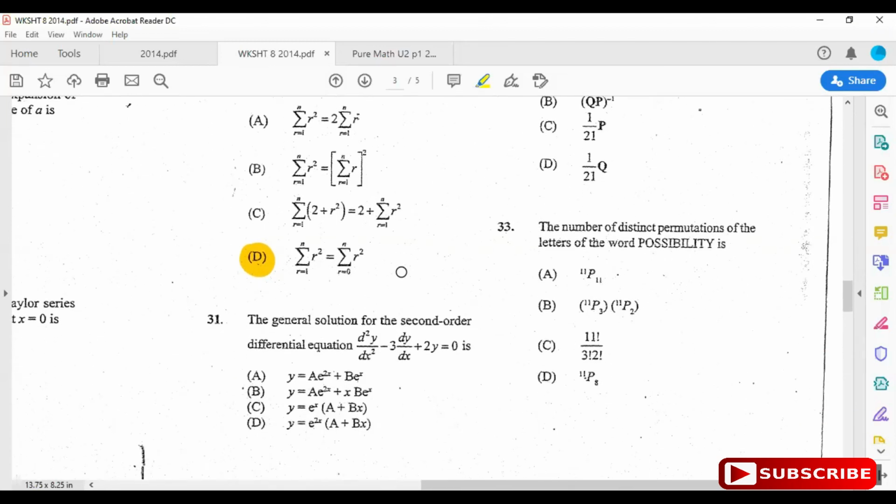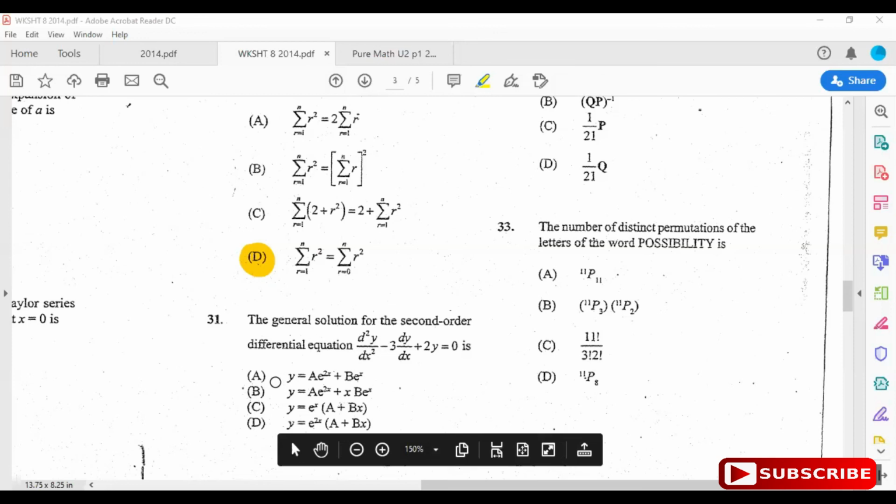All right, question 31. Easy question. Just look at it and tell me the answer. That'll be m squared minus 3m plus 2 m squared. A is the answer. You can just look at it and tell, because this is going to have two real roots when you solve the auxiliary equation.